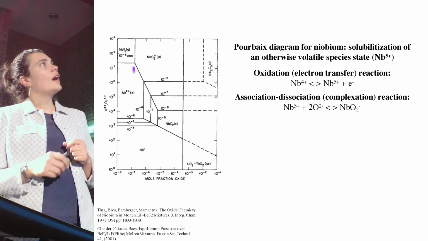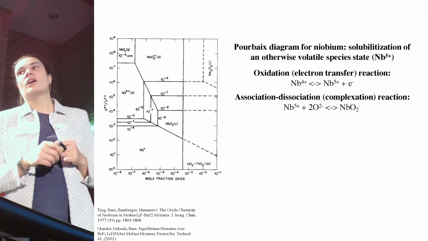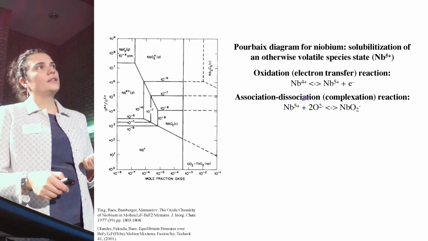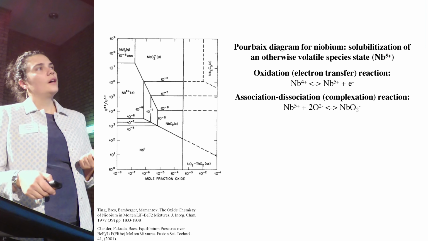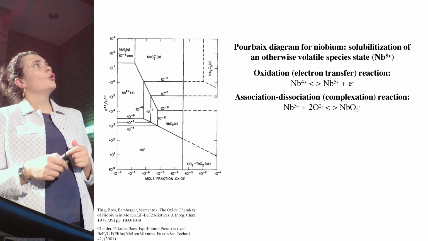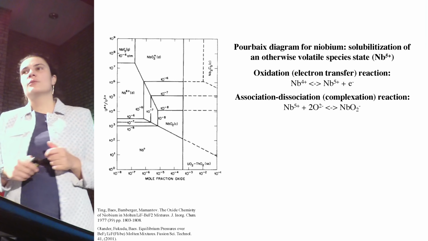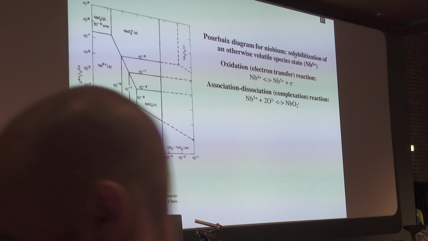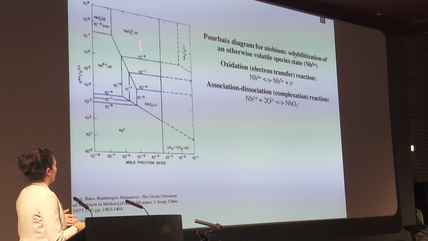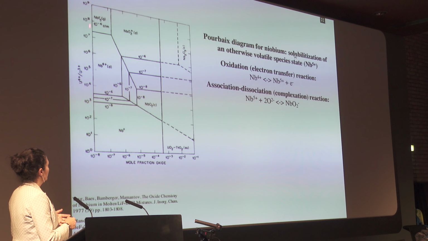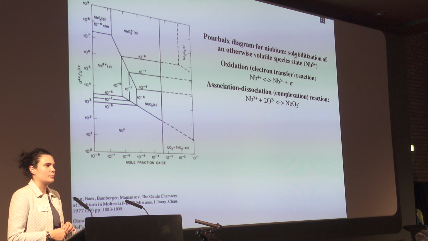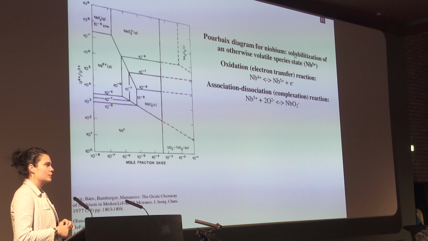So niobium-5, which would typically be highly volatile, so a gas, something that would bubble out of the salt, can complex with oxygen and form NbO2-, which is in fact highly soluble. So with less than 1 ppm, parts per million, of oxygen, niobium goes from being highly volatile to being highly soluble. And so this is something that we need to pay very careful attention to.